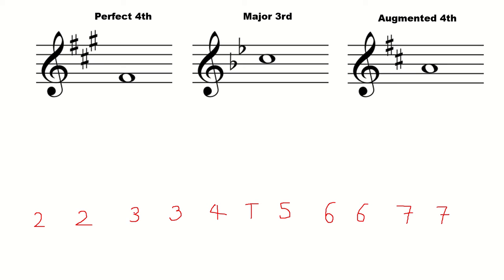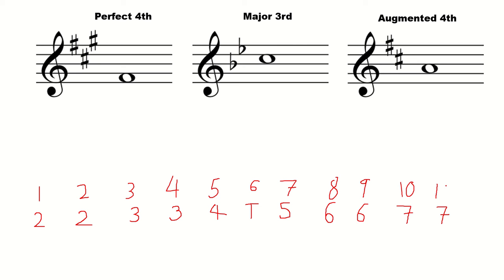So above all of these, we need to label them out. So if you go up one semitone, that's second, 2, 3, 4, 5, 6, 7, 8, 9, 10, and then you can round it off.